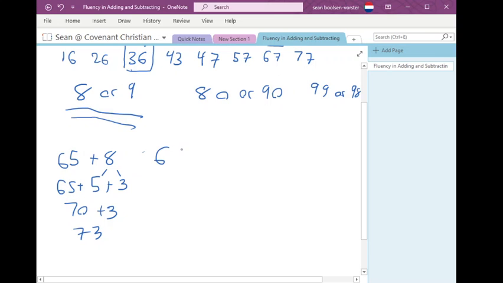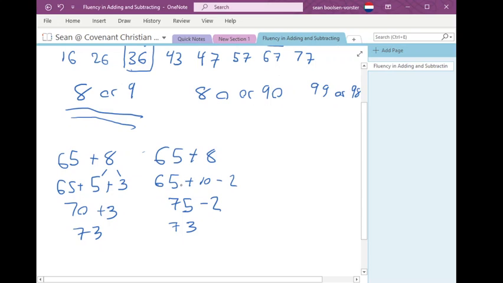We can say 65 plus 8 is the same as 65 plus 10 minus 2. And that's going to be, obviously, 75 minus 2, 73. Now it looks like it's the same steps, and it is.